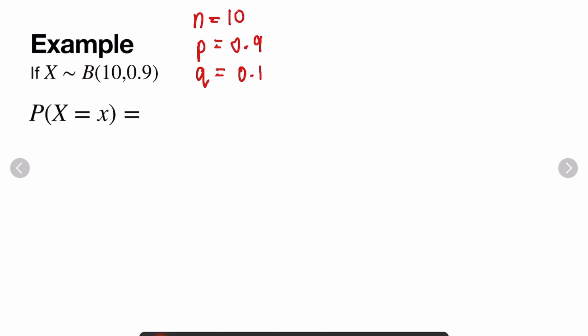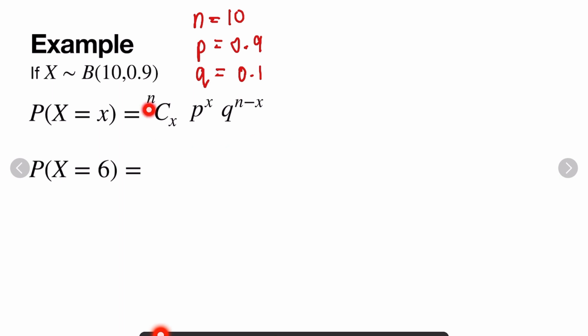So using the formula, please memorize the formula: NCX, P to the power of X, Q to the power of N minus X. For the first question, X equals to 6. So our X here is 6. You just have to substitute all we have into the formula.